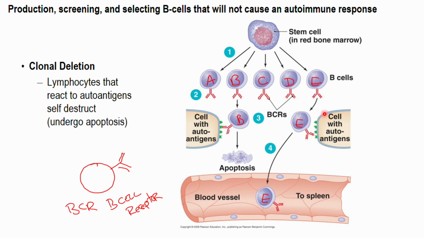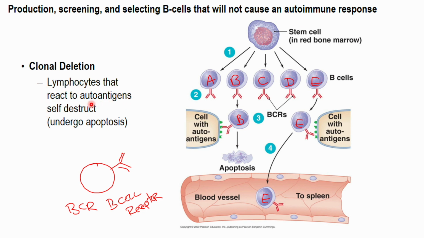Does it not bind to something that is self? It's been checked against thousands and thousands of different types of proteins. It didn't bind anything, so it made it, and it can go into the blood vessel, where it can then go into the spleen. So that encapsulates clonal deletion, right? They self-destruct, undergoing apoptosis, if they react to autoantigens.